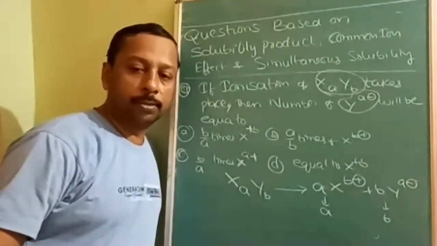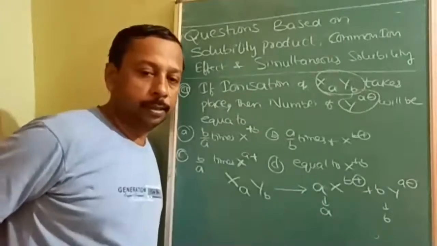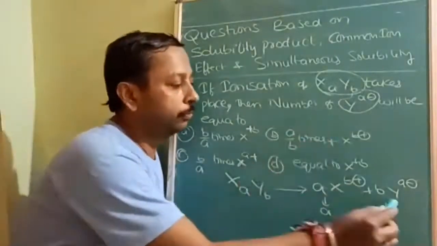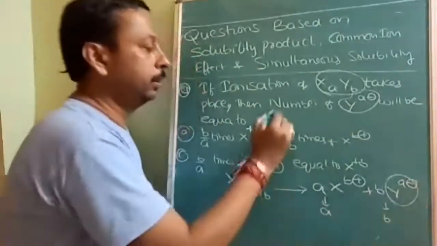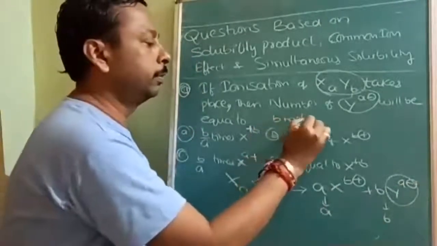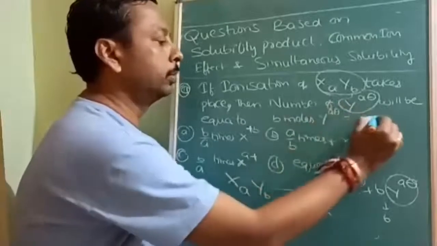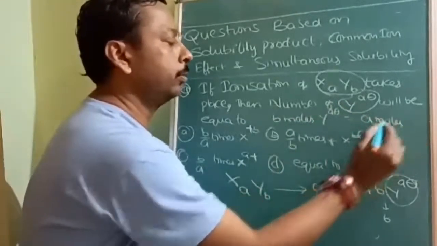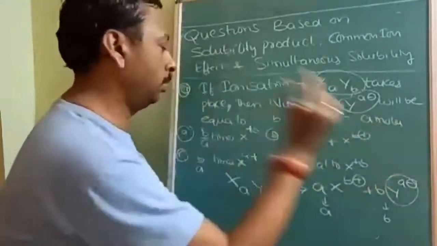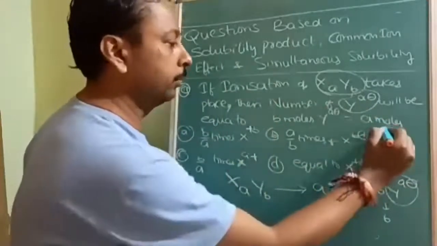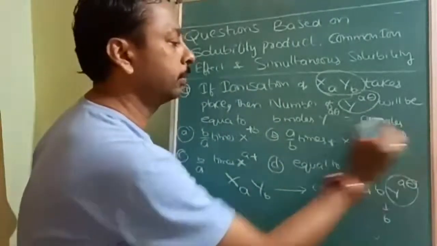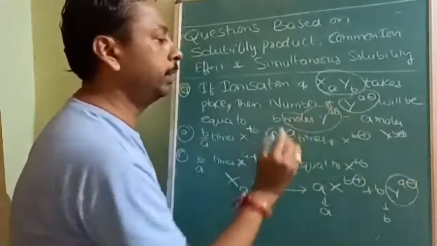So according to this, b moles of Ya minus is equal to a moles of Xb plus.